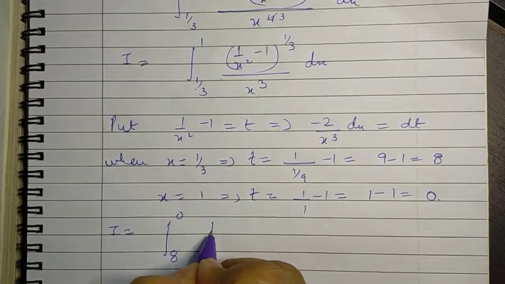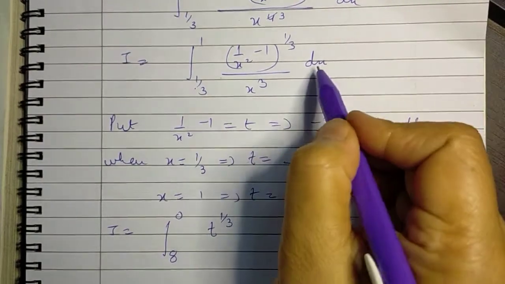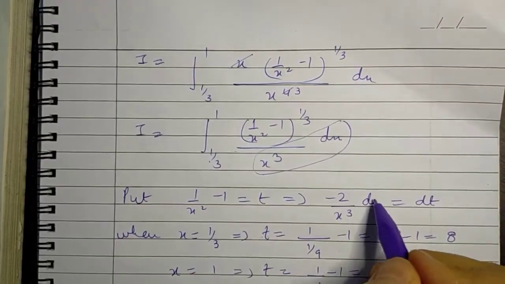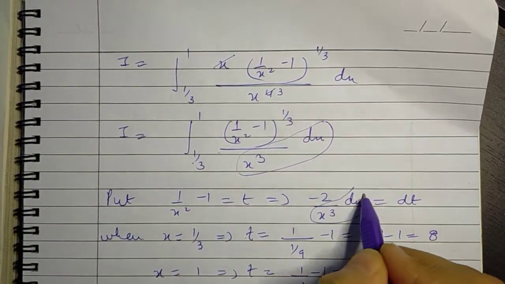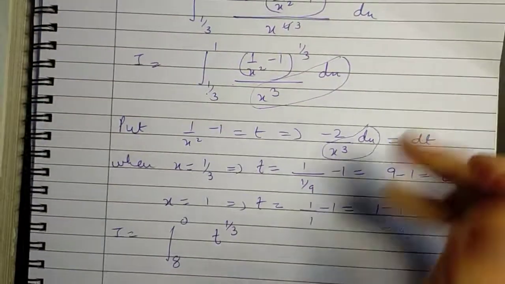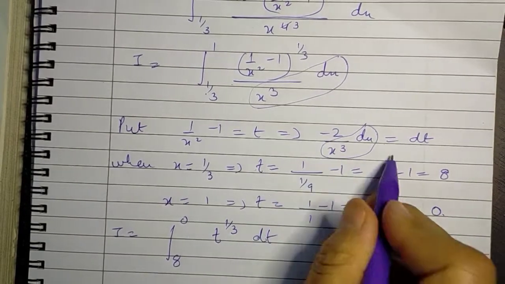This is t raised to the power of 1 by 3, and this x cube dx gets absorbed in dt, and we get dt upon minus 2.